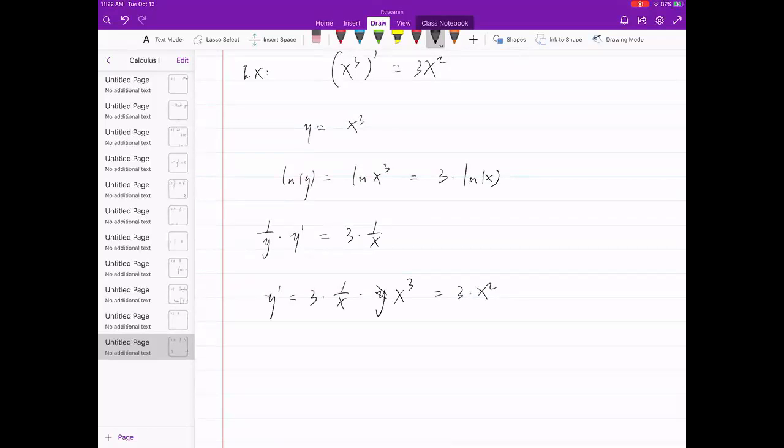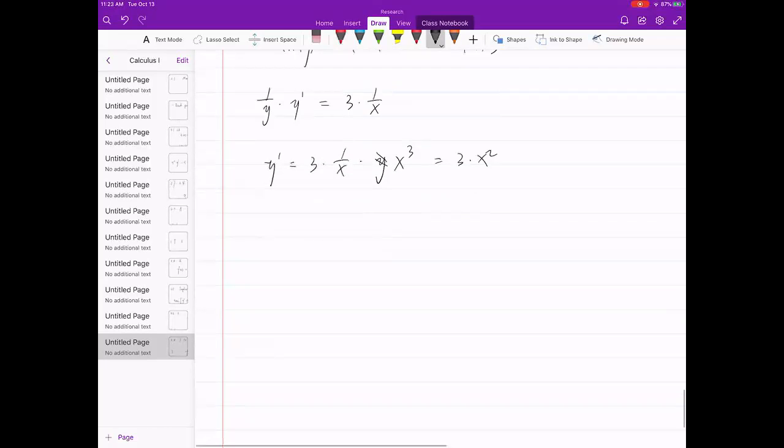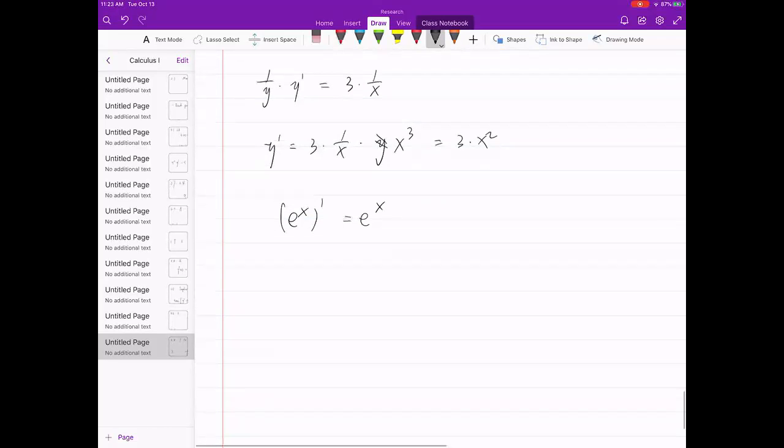So actually with the log rule and the implicit differentiation, you don't even have to remember the power rule anymore. You don't need it. You know, just do this. What about exponential? What's the derivative of this? Of course, we know it's this, right? But forget about it. Let y equals e to the x, okay, ln y just equals ln e to the x, which is just x. Take the derivative.